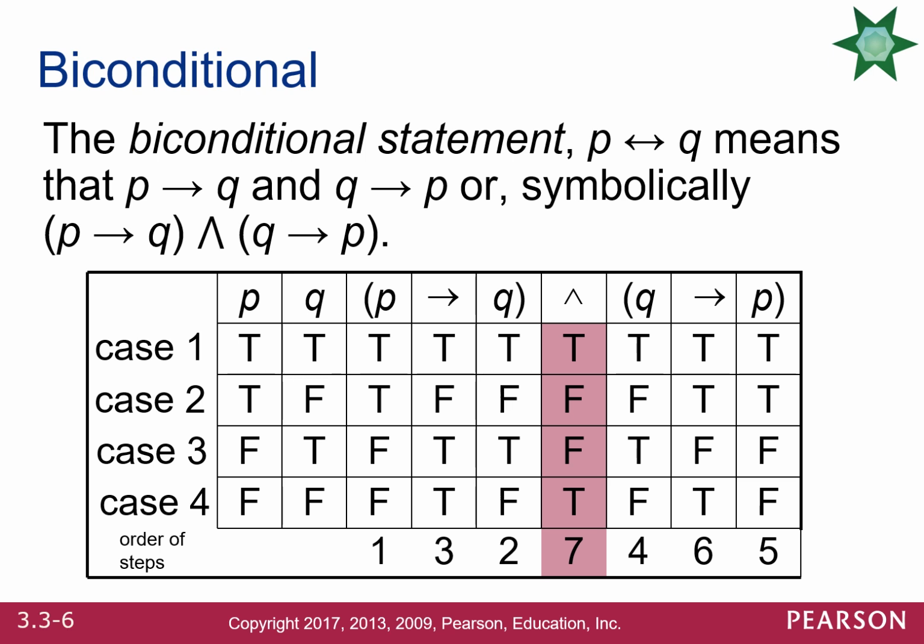Biconditional reads as if and only if. As the word biconditional suggests, it refers to two conditions. Bi means two, correct? So biconditional suggests there are two conditions, and that is exactly what it is.